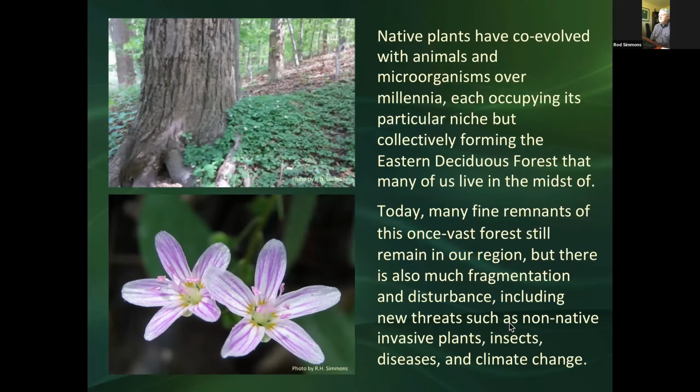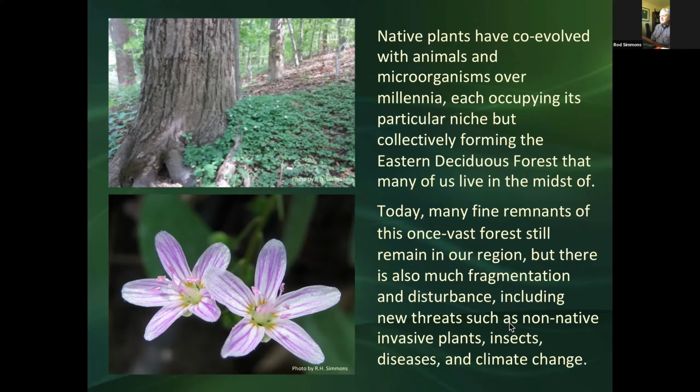These plants have co-evolved with animals and microorganisms over millennia, each occupying its particular niche, but collectively forming the eastern deciduous forest that many of us live in the midst of. These two flower pictures are of what we call the spring ephemerals, which are the plants that occupy the forest floors of our deciduous forests.